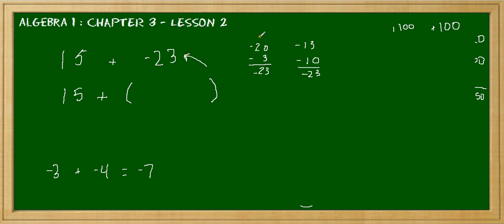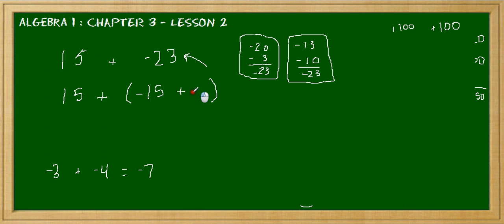Well, what two numbers could I add, as I was showing you over here, that would give me a 15 that I can now use to get rid of the positive 15? I need a -15, so it will be -15 plus, well, what would I add to 15? Well, that would be -8, all right?